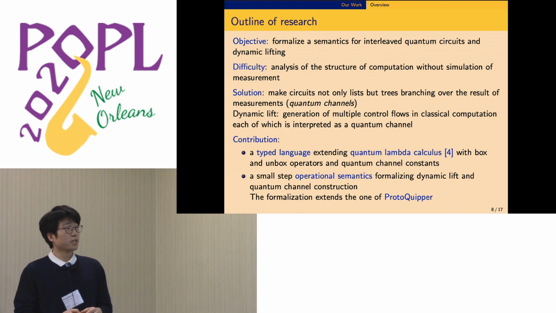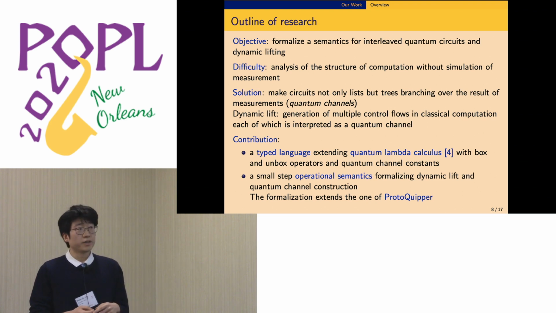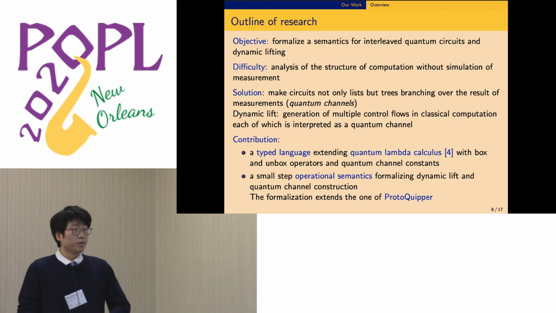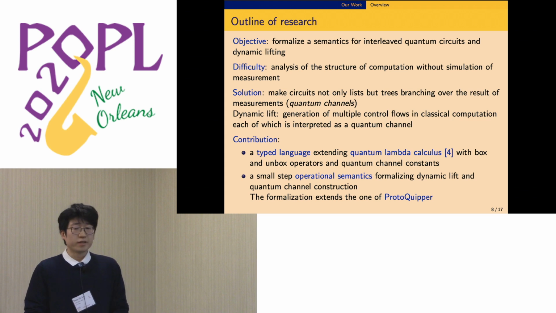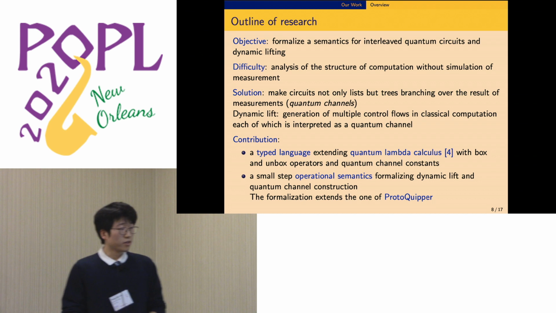And in this perspective, dynamic lifting is a generation of multiple control flows in quantum computation, each of which is interpreted as a quantum channel. Our contribution is that we give a type language extending quantum lambda calculus with box and unbox operators and quantum channel constants. And we give an operational semantics that formalizes dynamic lifting in quantum circuit construction.